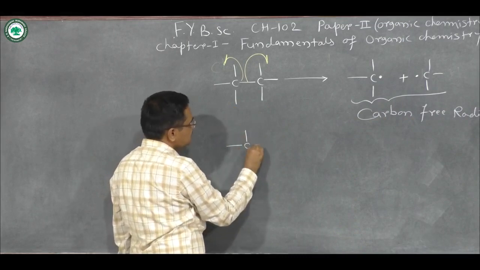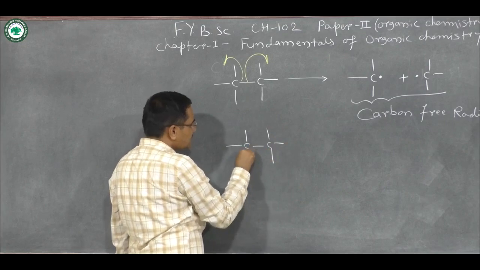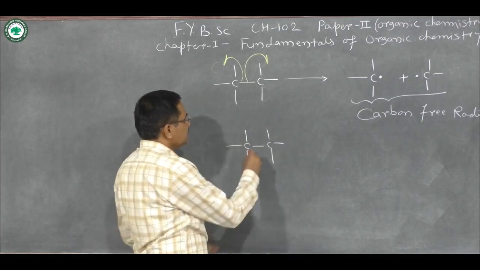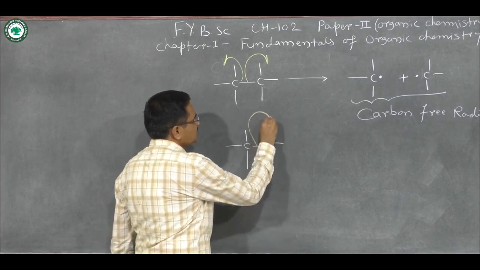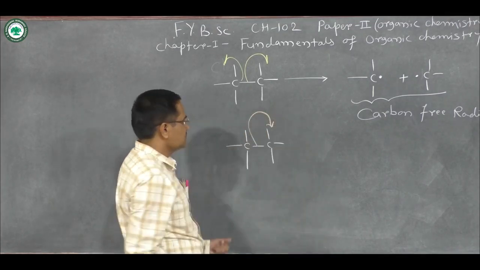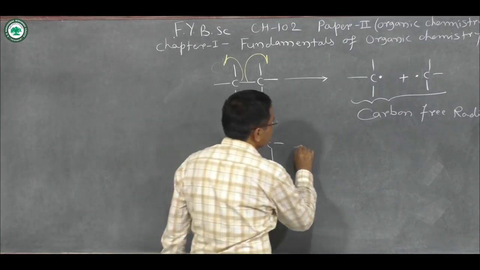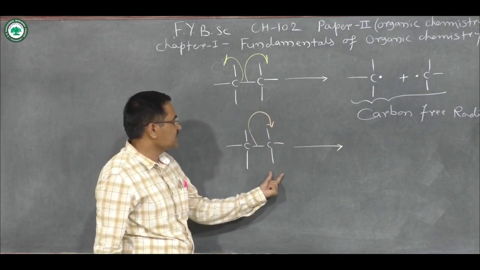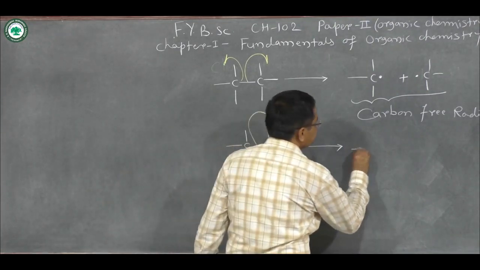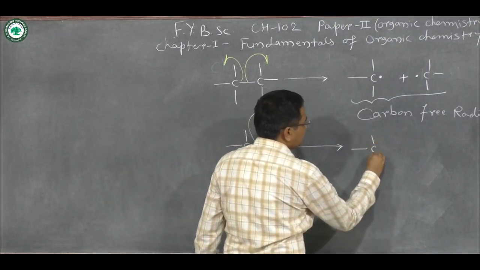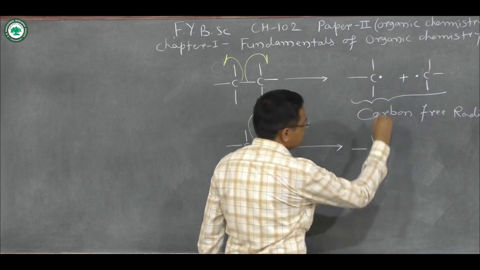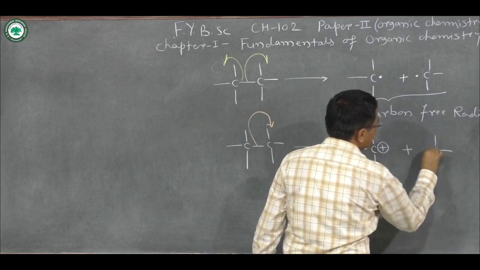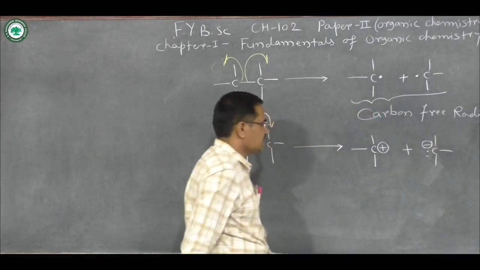Now, suppose this distribution of bond pair of electrons is unequal, means this bond pair is shifted towards one carbon atom due to the different substituents attached. Here, one carbon atom carries positive charge and another carbon atom carries negative charge.